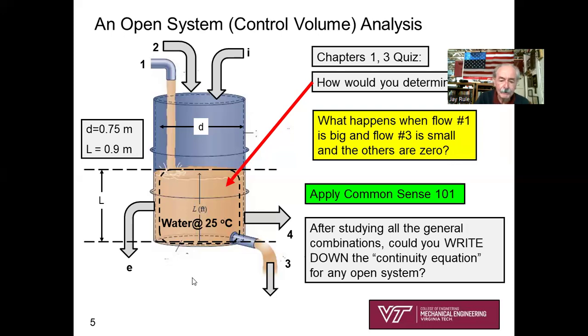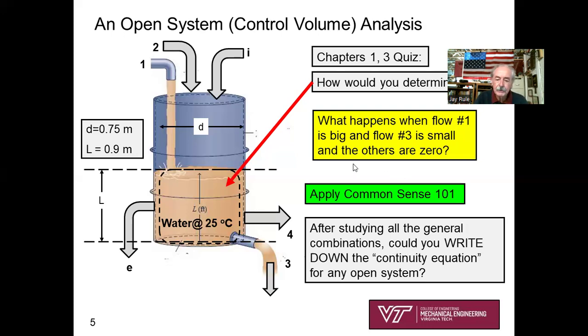All right, so moving along. Let's imagine in this screenshot that flow number one is big, a lot of gallons per minute, and flows 2 and 3 are 0, shut off. Down here at the outlet, flow number 3 is a small number, only a couple of gallons per minute, maybe dribbling out, and 4 and 5 are shut off, no flow.